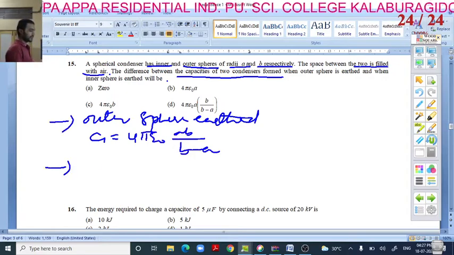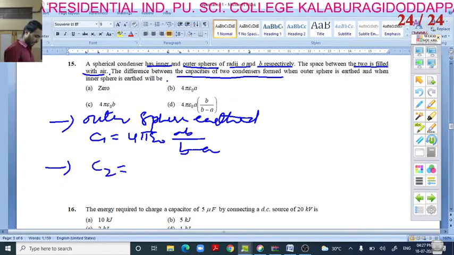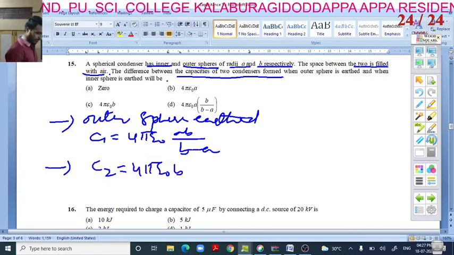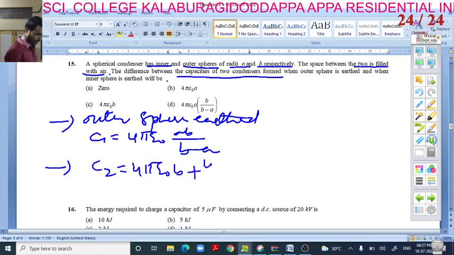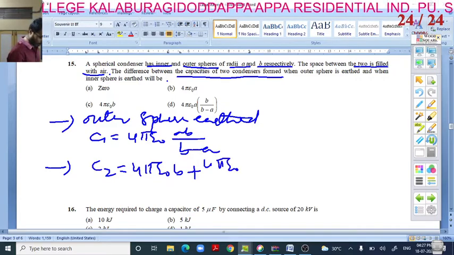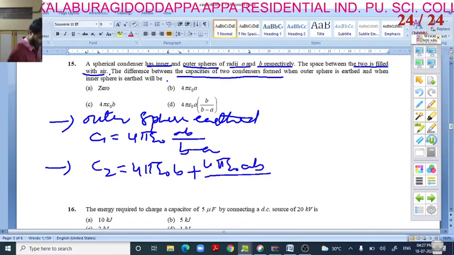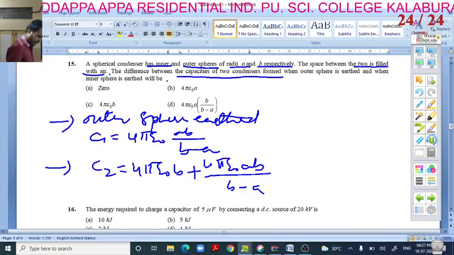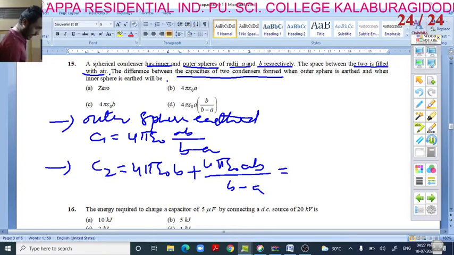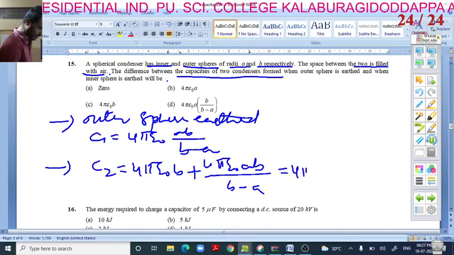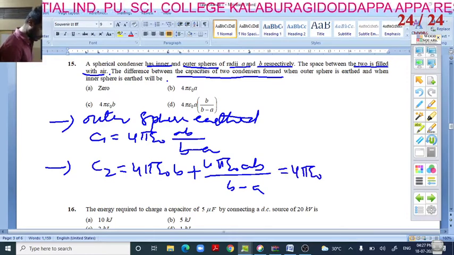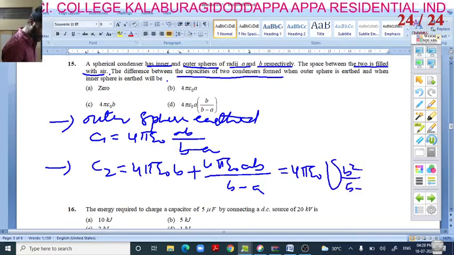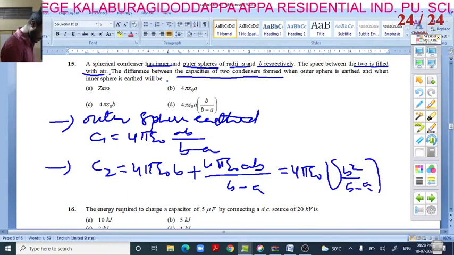Similarly, for the inner sphere earthed, C2 is equal to 4 pi epsilon B plus 4 pi epsilon AB divided by B minus A. This I can also write as 4 pi epsilon B square divided by B minus A.